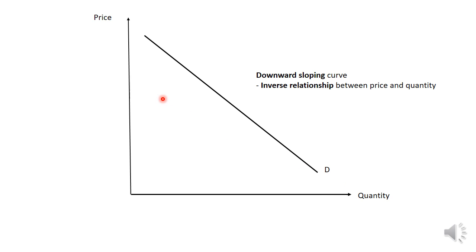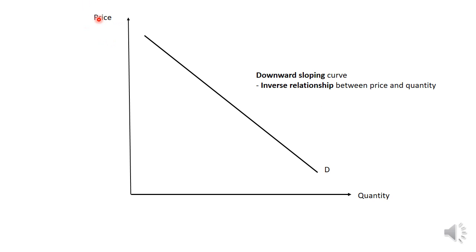Now, remember what we said earlier. When it becomes more expensive, according to the law of demand, we buy lesser. So, price goes up, quantity falls. When price falls, it becomes cheaper, we buy more, quantity demanded goes up. So this is what we call an inverse relationship. They change in opposite direction.